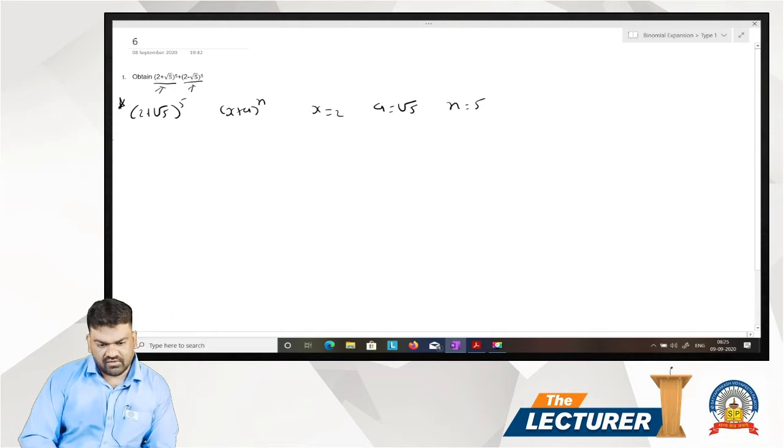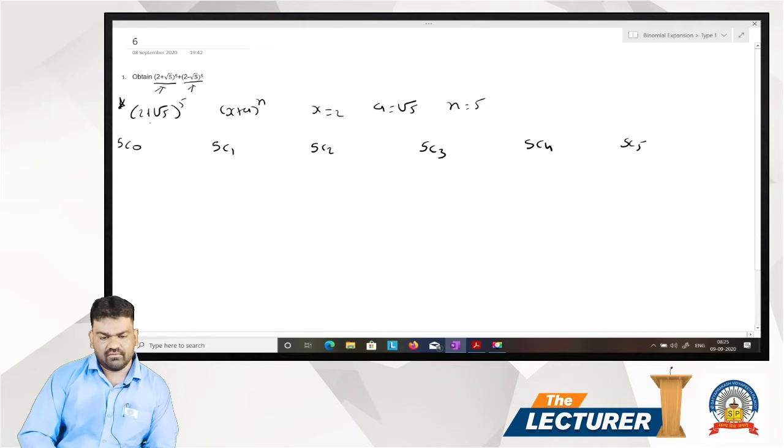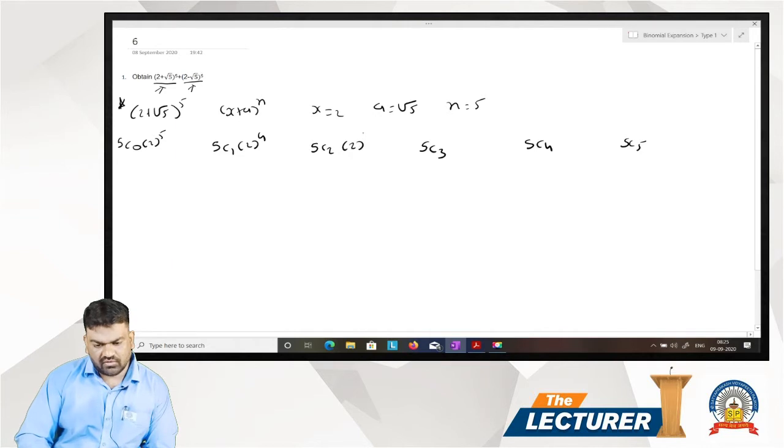So 5c0, 5c1, 5c2, 5c3, 5c4 and 5c5. 2 raised to 5, 2 raised to 4, 2 raised to 3, 2 raised to 2, 2 raised to 1, 2 raised to 0.